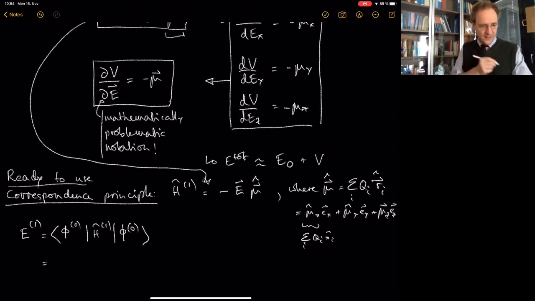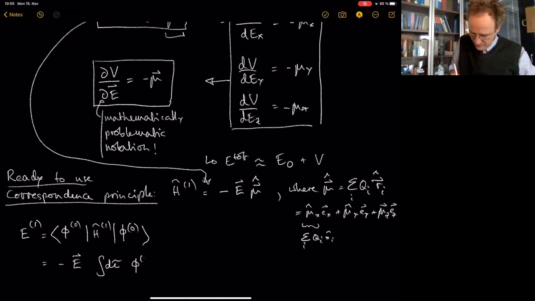The vector of our field strength does not depend on our electrons, right? So that's just a prefactor. We can pull that out, minus E vector. And so this is now, you would expect this integral now to also result in a vector, right? So that vector times vector inner product gives you a scalar number, right? So d tau, and now you have the dipole moment with your complex conjugate.